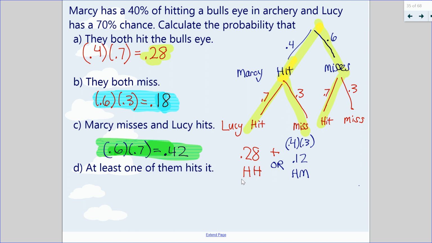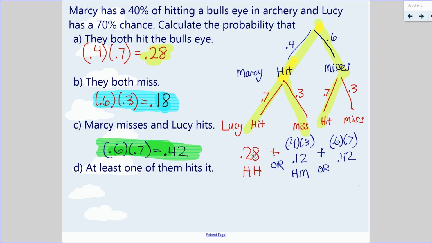So you could do hit, hit, or hit, miss. Or means add. So plus. Or you could miss it and then hit it. So that's 0.6 times 0.7, which is 0.42.